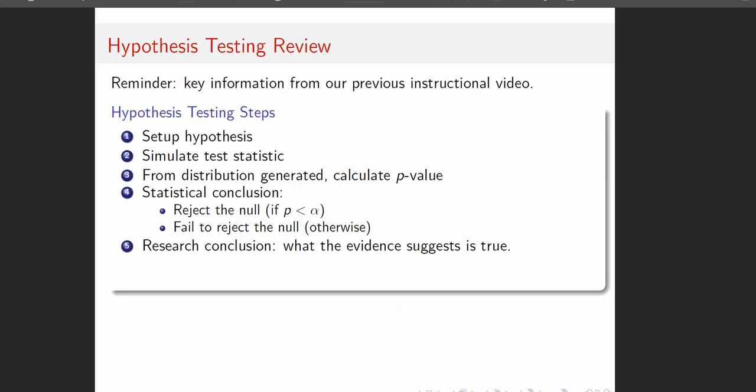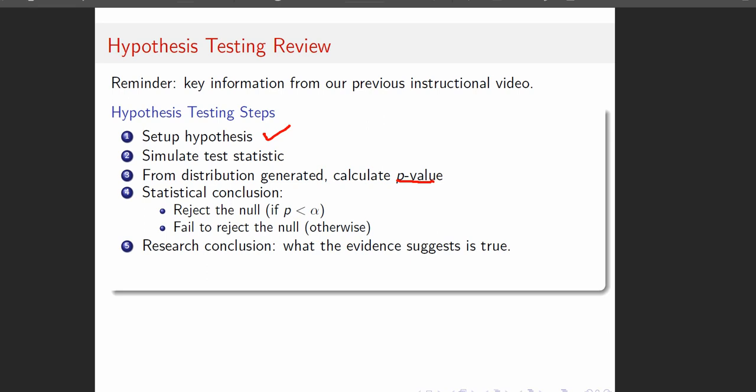All right. So this slide or pieces of it were shown in the previous video. And so what are the steps here? All right, so we talked about how to set up the hypothesis, right? We have H sub 0 for the null hypothesis, and we have H sub A for the alternative hypothesis. There are two things that can happen, and based on the p-value, we're going to choose one of two options for reporting our conclusion, okay?